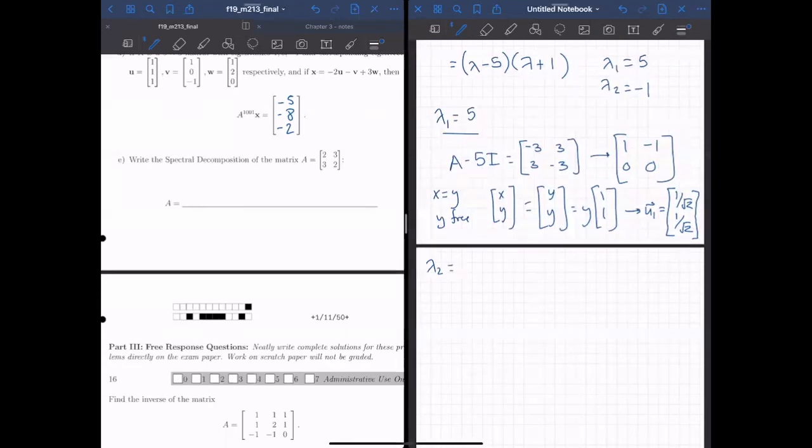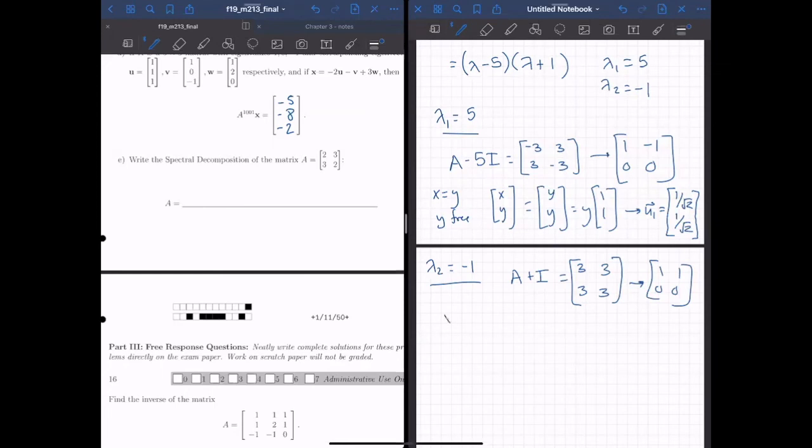Then let's do λ2 equals -1. So A plus 1 times the identity is 3, 3, 3, 3. When we row reduce this down, we get 1, 1, 0, 0.